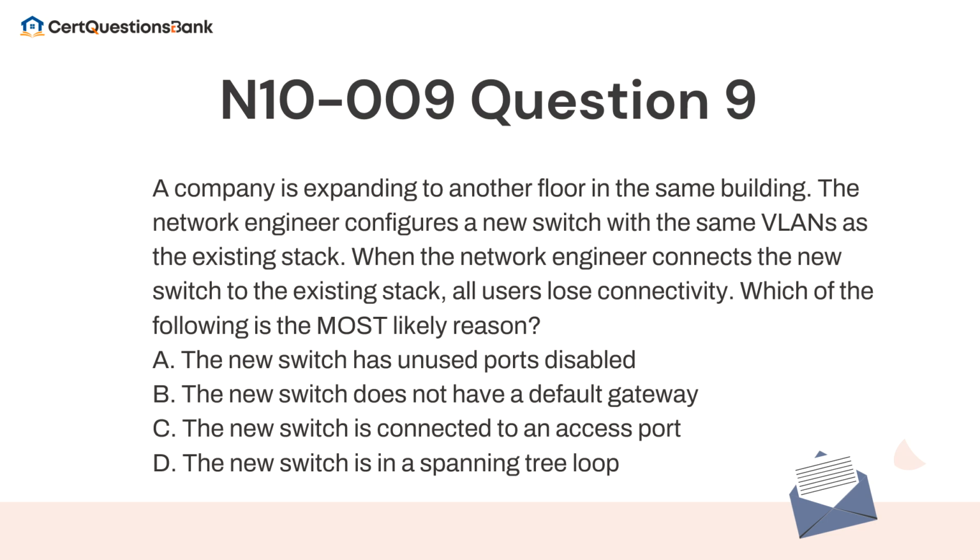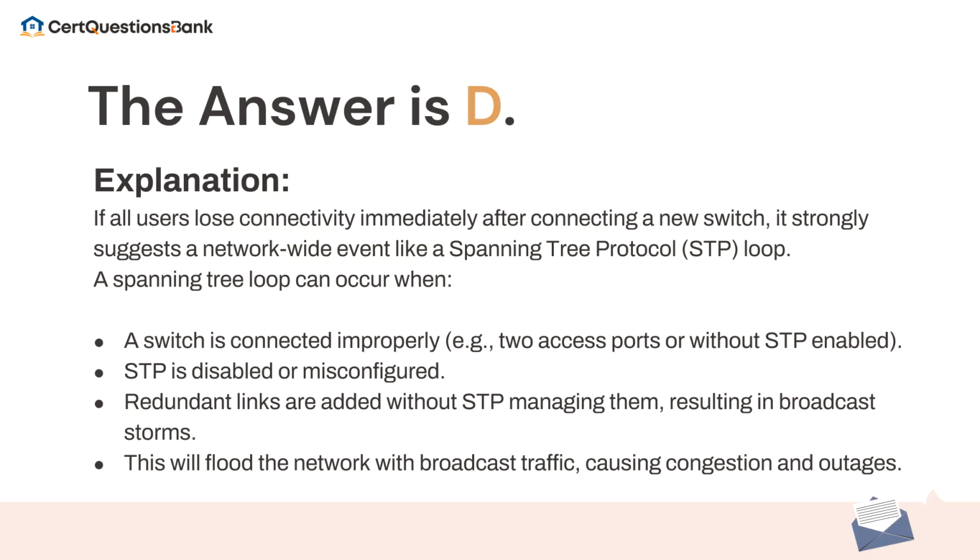A. The new switch has unused ports disabled. B. The new switch does not have a default gateway. C. The new switch is connected to an access port. D. The new switch is in a spanning tree loop. The answer is D.